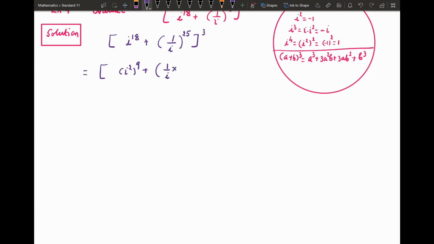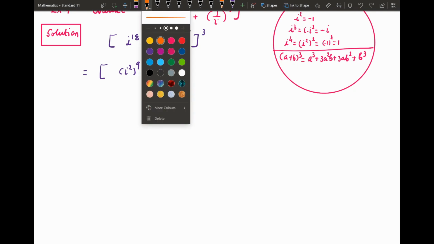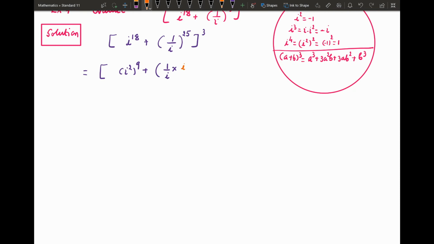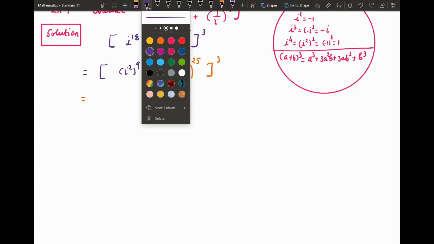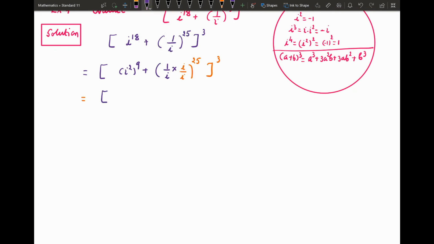Here we will use the surd method: multiply numerator and denominator by i. Now the simplification is i square equal to minus 1. So minus 1 raised to 9, plus, this is i into i square, so it is minus 1, so minus i raised to 25.